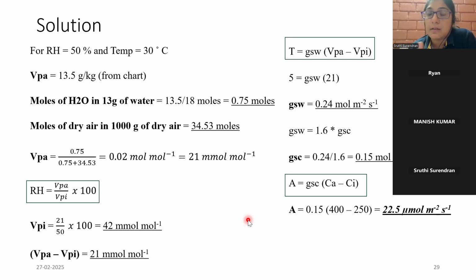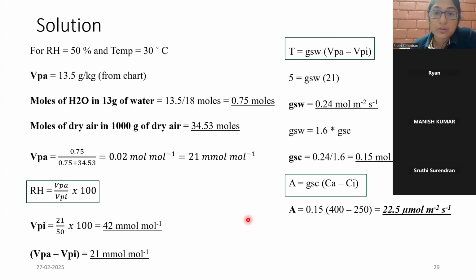But say from 12 noon going to 1 o'clock or 2 or 3 or 5 in the evening, the humidity value changes, the temperature value changes, and based on this, the stomatal conductance, transpiration rate and assimilation rate all change. So this is how we represent the physiological processes in terms of equations and numbers with the help of all of these estimations.